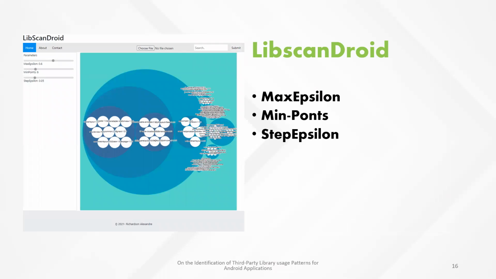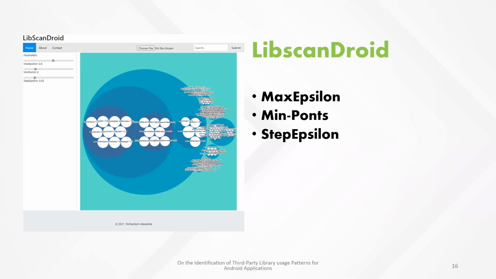This is the user interface of Scandoid. On the left, we have the parameters panel. We can use the slide bar to modify the values of the parameters: max epsilon, min points, step epsilon. On the right, we have the search bar for searching recommendations related to a specific library. We can use a text file that contains a list of used libraries as input for getting recommendations.